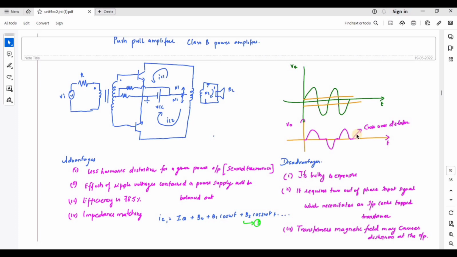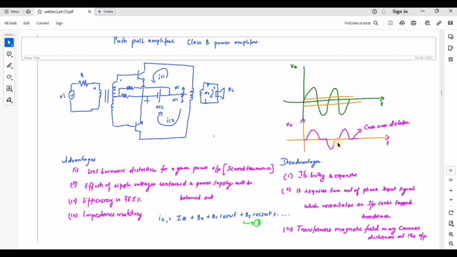This crossover distortion may be avoided by applying a slight forward bias of 0.7 to the base-emitter junction of both transistors of the amplifier circuit. This will cause the transistor to conduct immediately when the AC signal is applied.